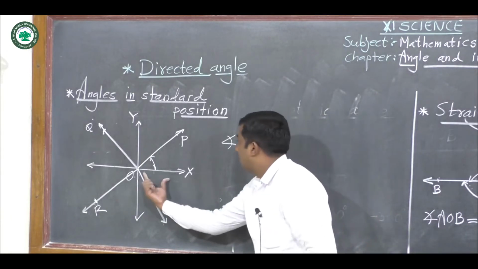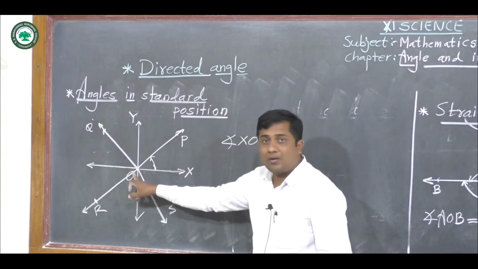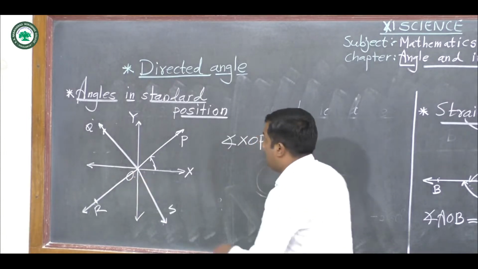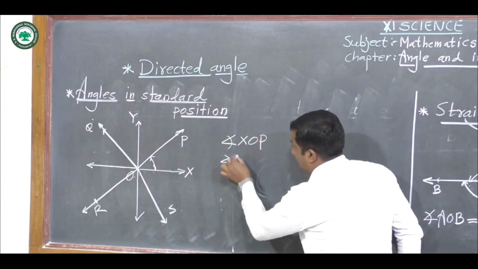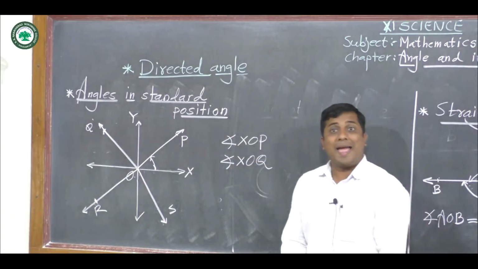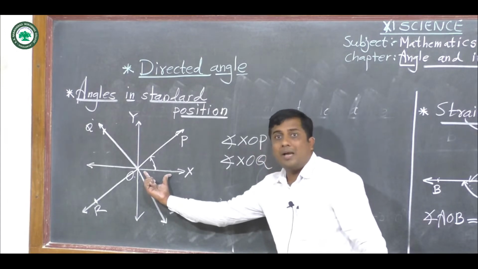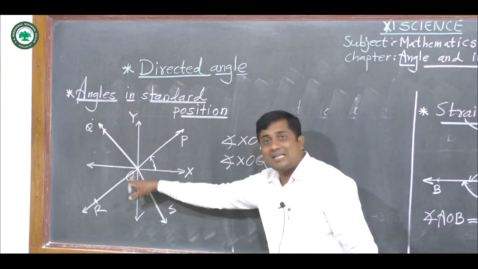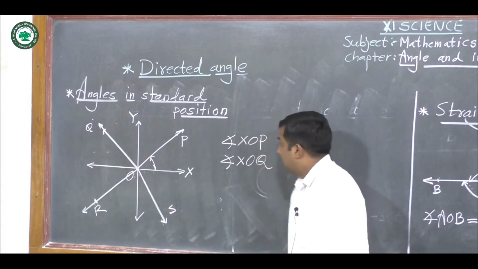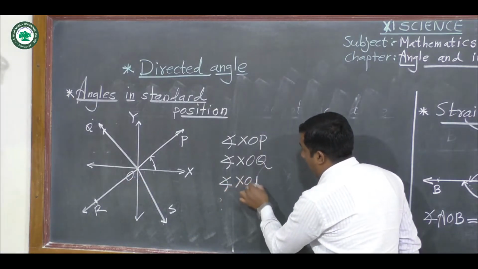Since the initial ray is along the x-axis and the vertex is at origin O, then we consider another angle, angle XOQ. Again, in this angle, the initial ray is along the x-axis and the vertex is at origin O. Then we consider the third angle, angle XOR.